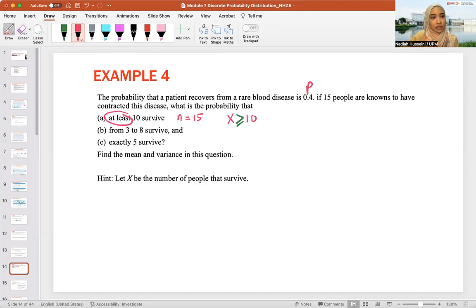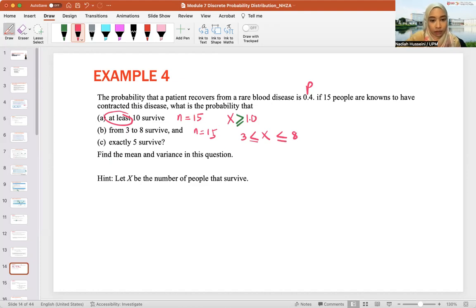From 3 to 8 is what we're choosing, right? So what we're choosing will be the x. So n is still 15, and x will be from 3 to 8. It will be greater than or equal to 3, and less than or equal to 8.